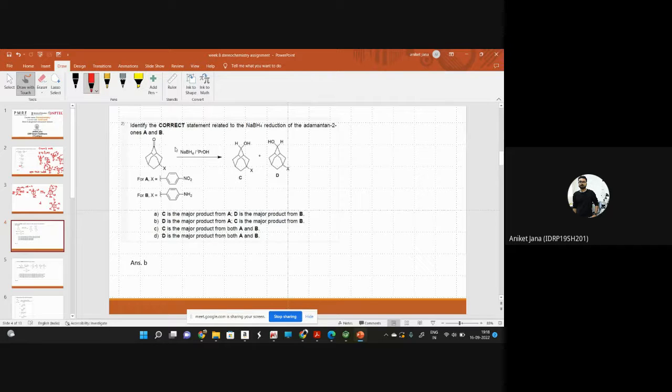Okay, so here definitely you can get that hydride will attack here and the reduction will take place at the carbonyl carbon. So here at X two variants are there: in the first case X is NO2 and in the second case X is NH2. So we will consider only this part of the cyclohexane for solving the question.